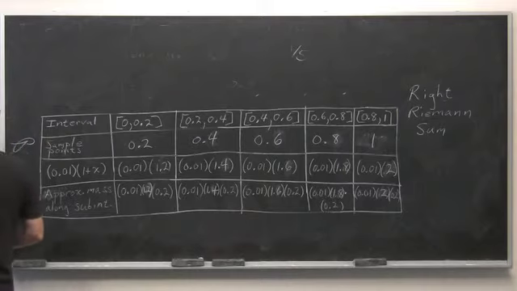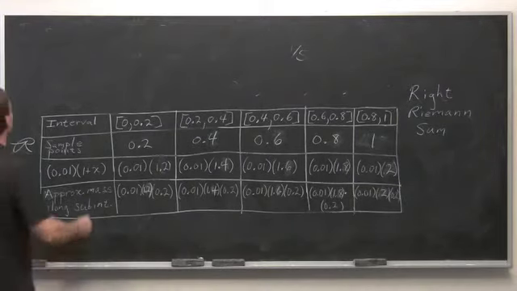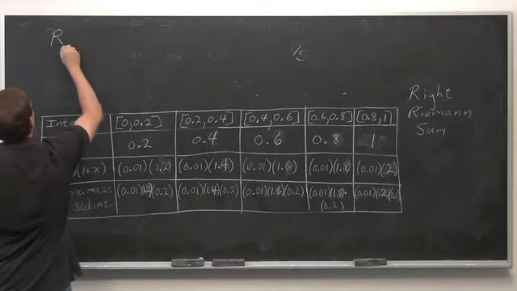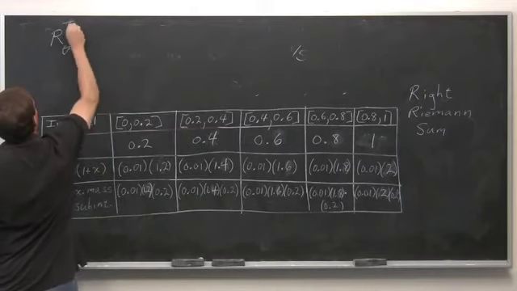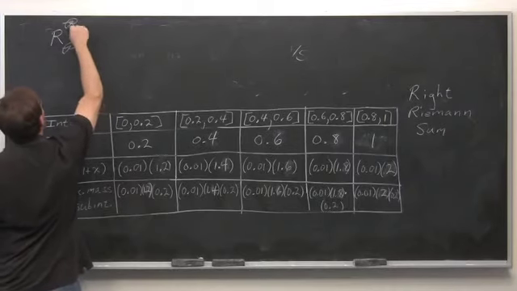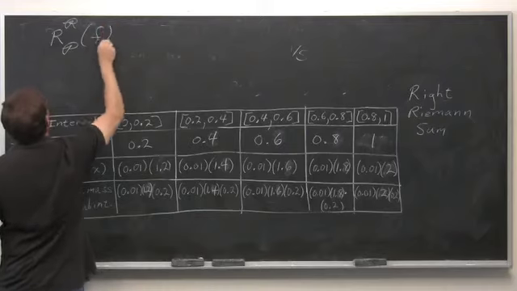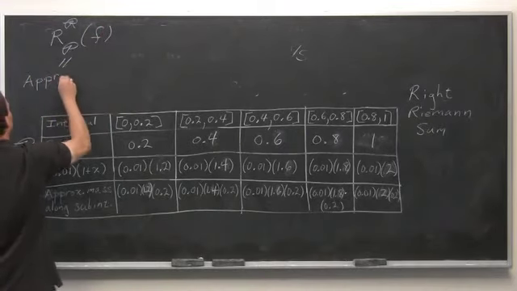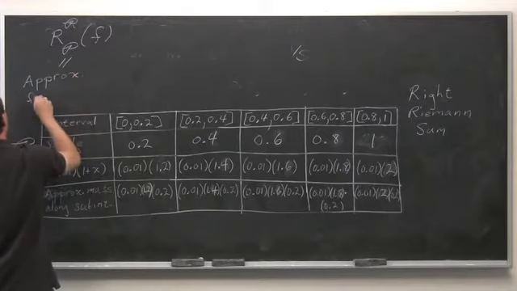Ooh, that's going to conflict with our, well, it's a different R. I'm writing a very fancy script R. Try not to confuse this with the R for Riemann sums. Our Riemann sum, the same partition, but now with the right endpoints as your sample points. Same function, our new approximation for the mass of the rod.